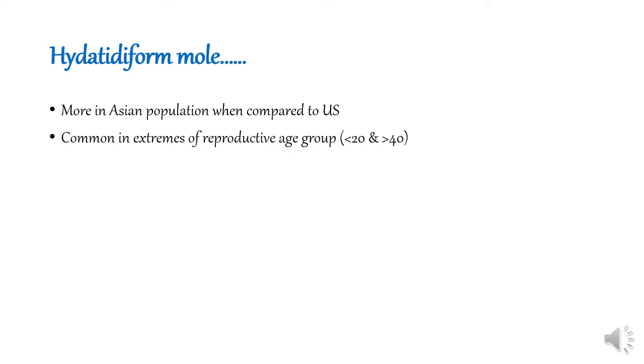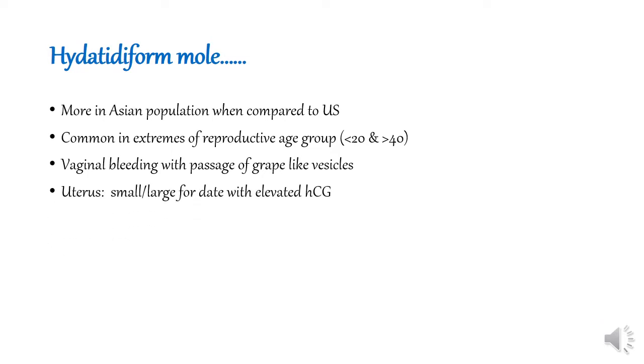They present with vaginal bleeding along with the passage of grape-like vesicles. The uterus may be small or large for the date along with elevation of beta HCG level. The uterus will be small if it is partial mole, and large if it is complete mole.